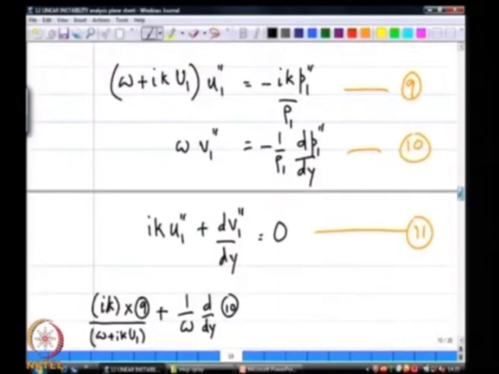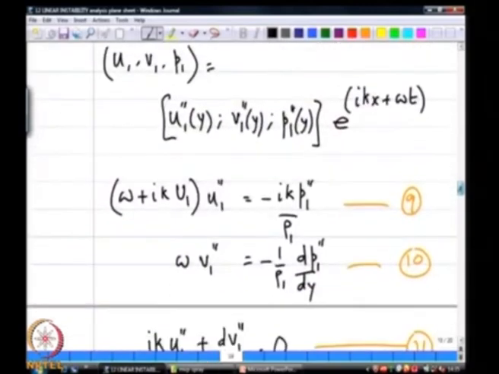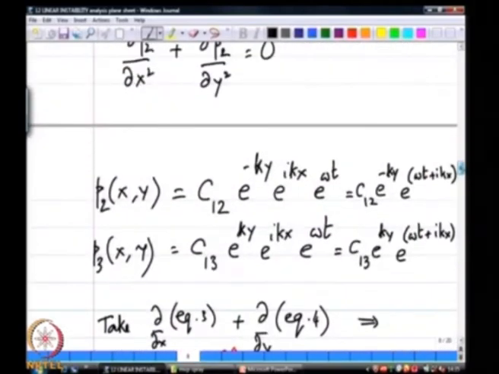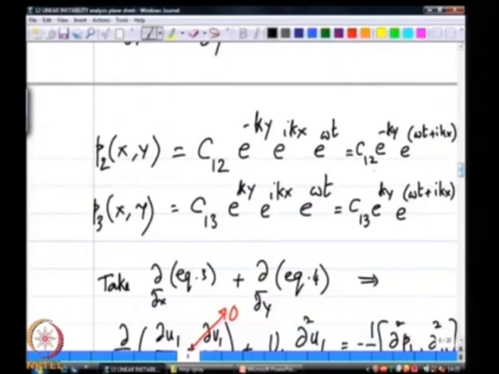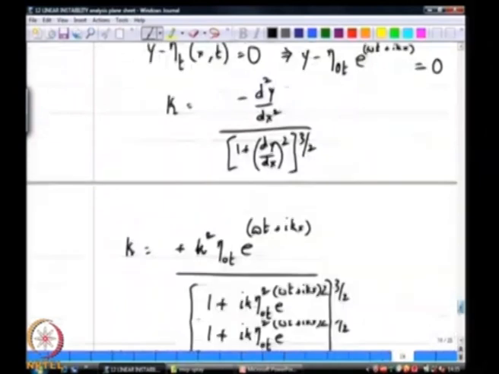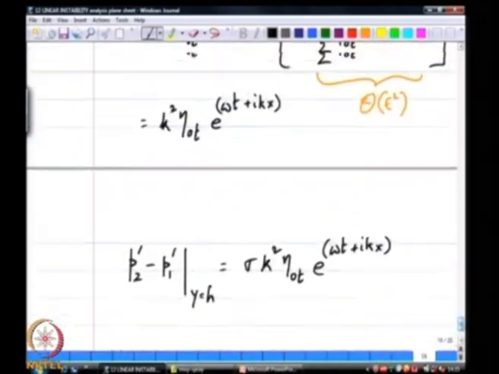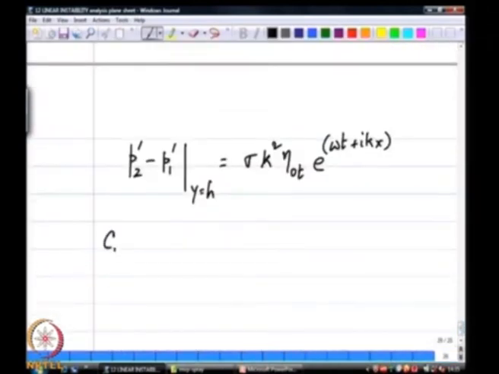P 2 is given by C 1 2 e power minus k y times e power omega t plus I k x. So, this is C 1 2 e power minus k h times e power omega t plus I k x.